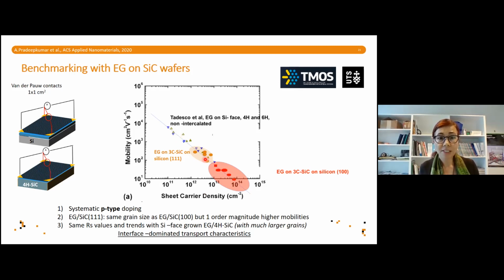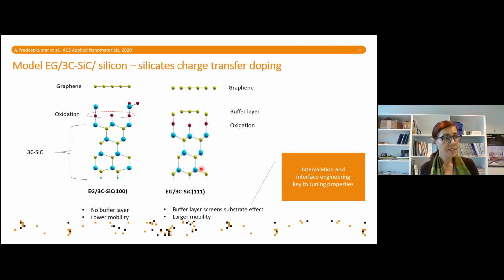Nevertheless, in terms of sheet resistance, they are pretty much equivalent, right? Not mobility, clearly, but sheet resistance. So we wanted to understand a little bit more: why do we have such a high carrier density, and why is it higher for the 100 surfaces?